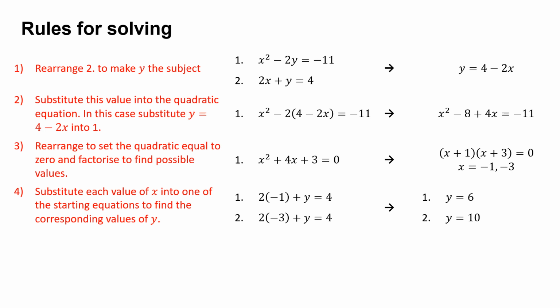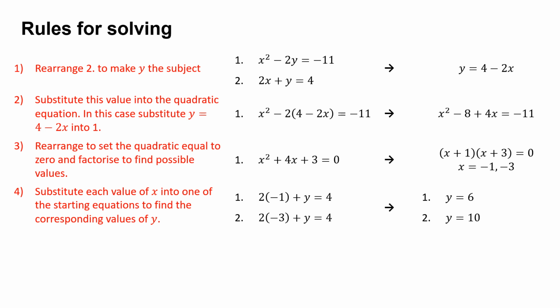So when x is equal to -1, you can see that we've plugged this into equation 2. When we solve for y, we get that y is equal to 6. And when x is equal to -3, we get that y is equal to 10.